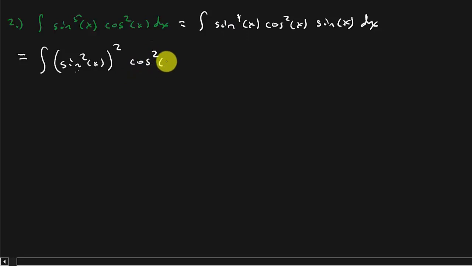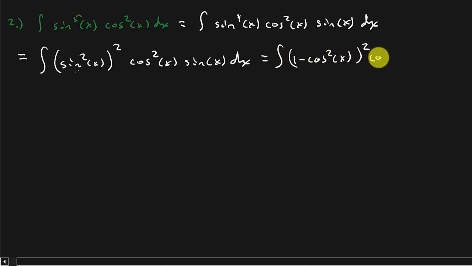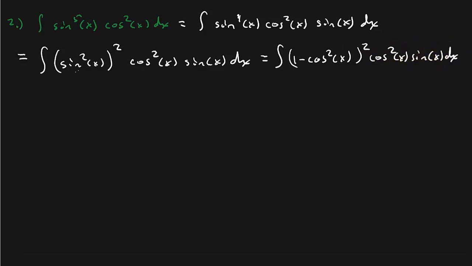And so that's cosine squared x sine x dx, which is equal to 1 minus cosine squared x, all of that squared, times cosine squared x, sine x dx.